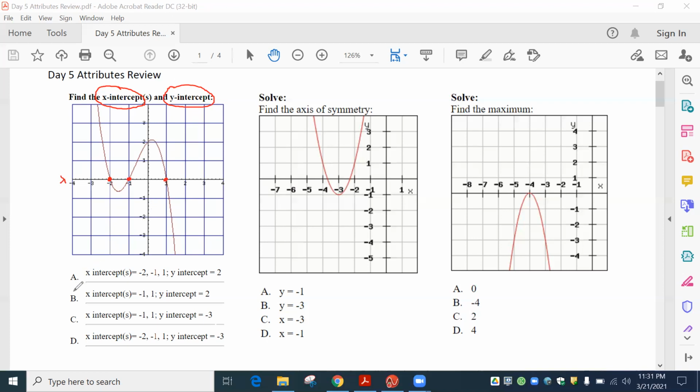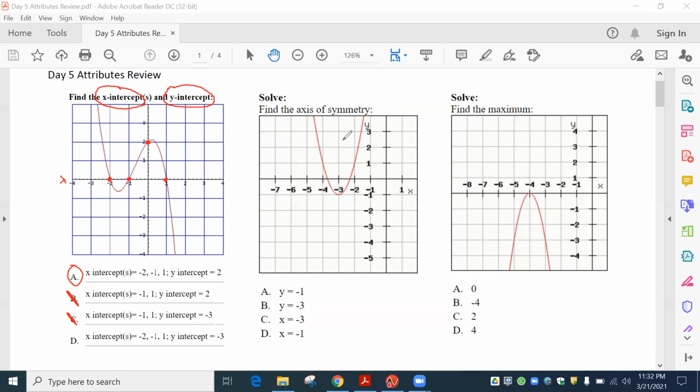B doesn't have -2, C doesn't have -2, so A and D both have -2, -1, and 1. And then the y-intercept is where it touches the y-axis, which would be 2. It looks like A would be our answer.